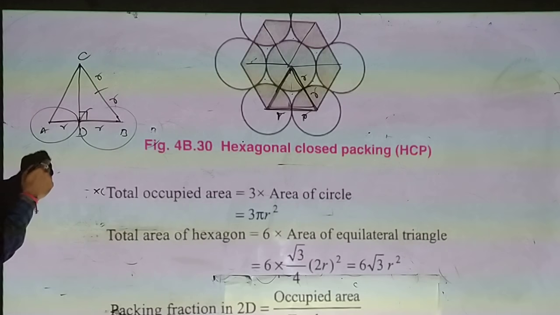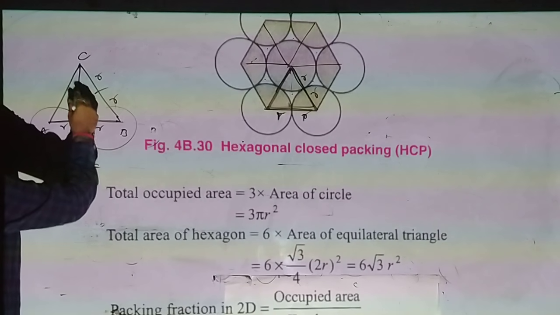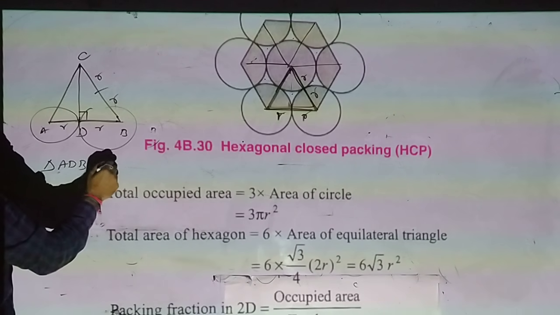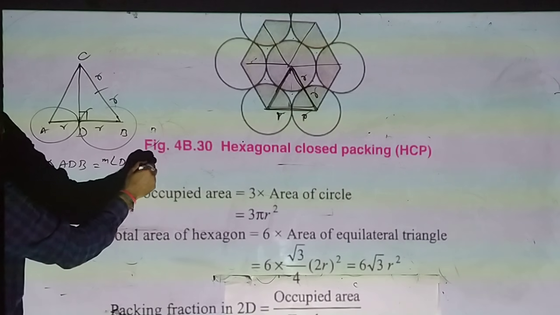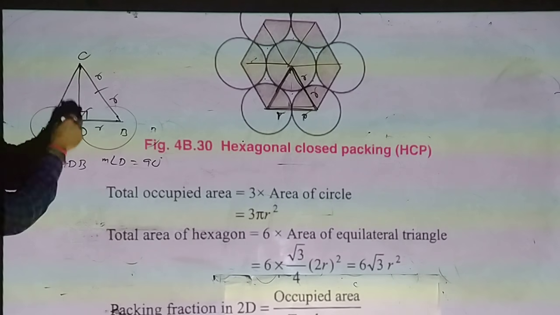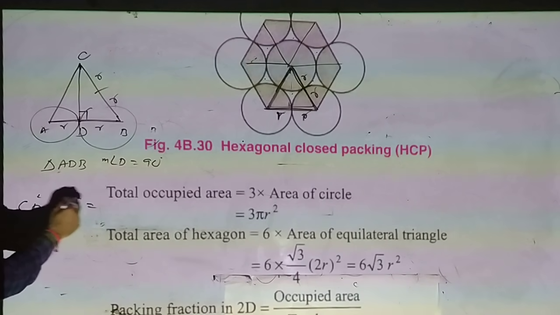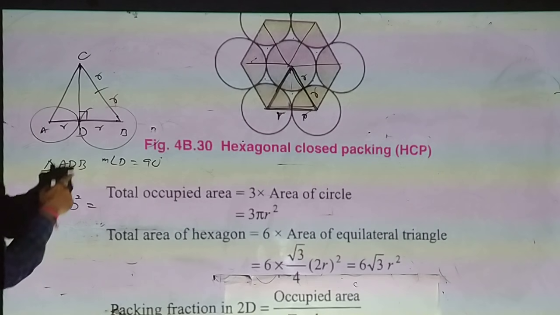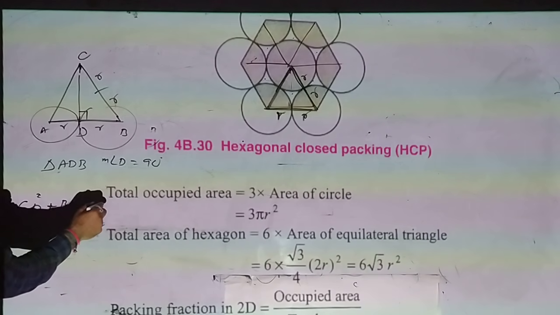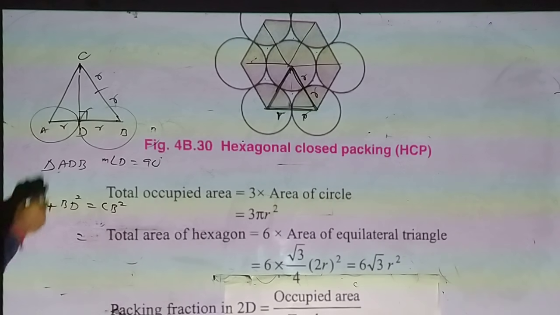Clear? Now in triangle ADB, angle D is 90. Clear? Now CD square plus BD square is equal to CB square. So here CD square we have to define.